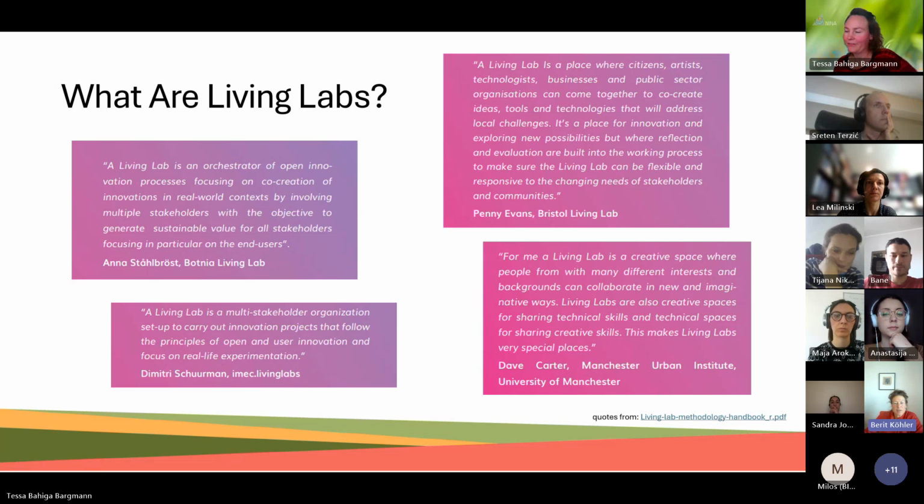Yeah, and then we have here some quotes from people that have actually worked intensively with this concept. Here you get some more ideas. For example, that a living lab is an orchestrator of open innovation processes, focusing on co-creation of innovations in real-world contexts by involving multiple stakeholders with the objective to generate sustainable value for all stakeholders, focusing in particular on the end users.